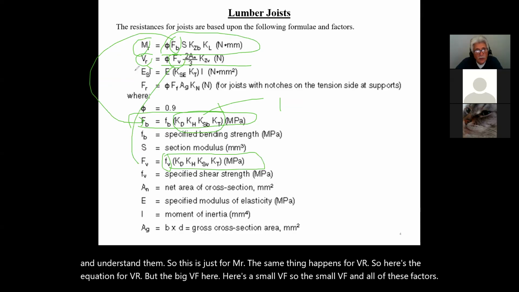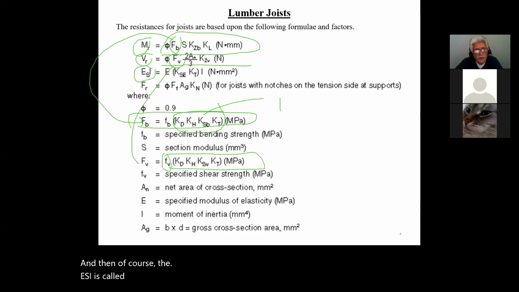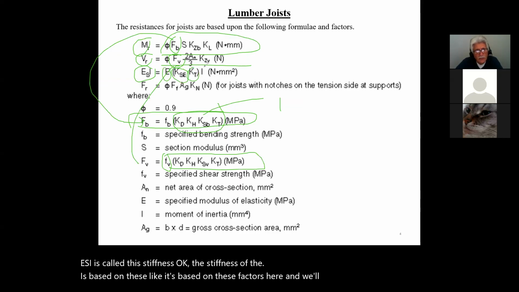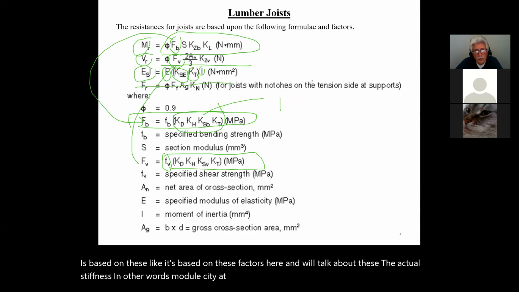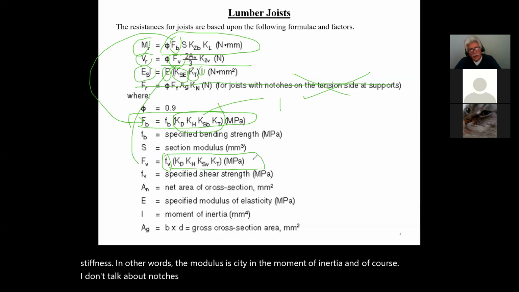Then of course the EI is called the stiffness. The stiffness is based on these factors here, and we'll talk about the modulus of elasticity and the moment of inertia. And of course, I don't talk about notches. So here are the equations.